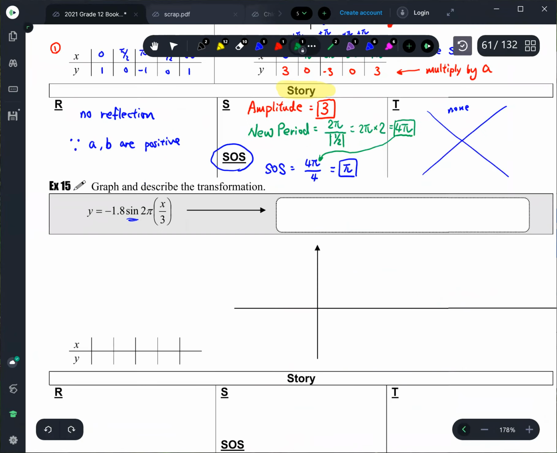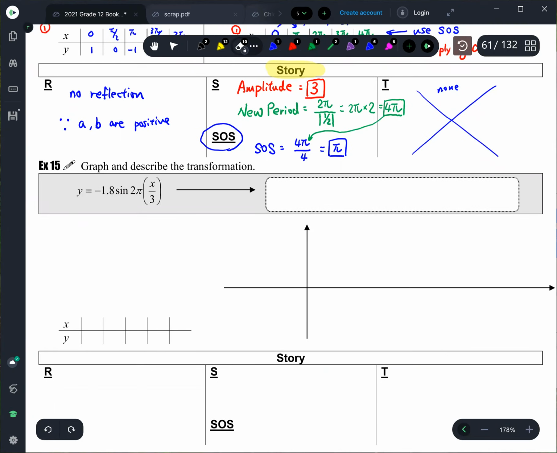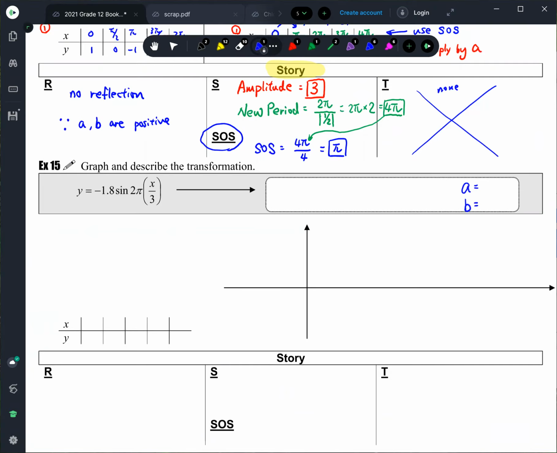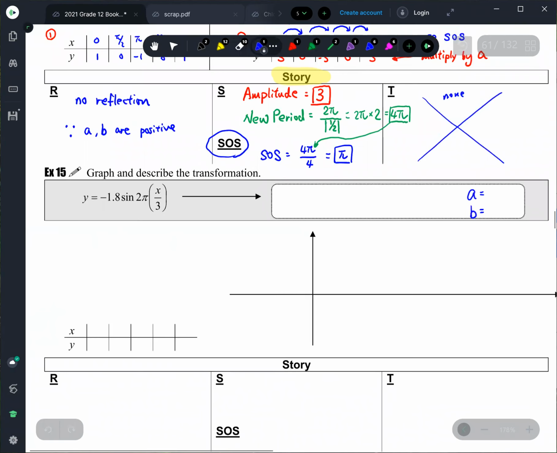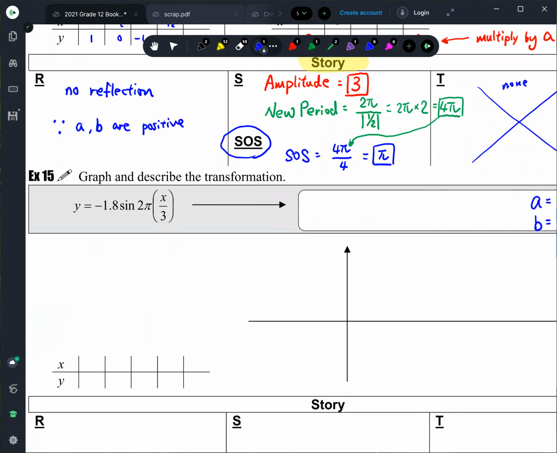So let's try a brand new one here. This time we have a sine graph. Our first thing is to find out what's the A and B. But this one is written in a weird form. You can see that there's a 2 pi and an x over 3.